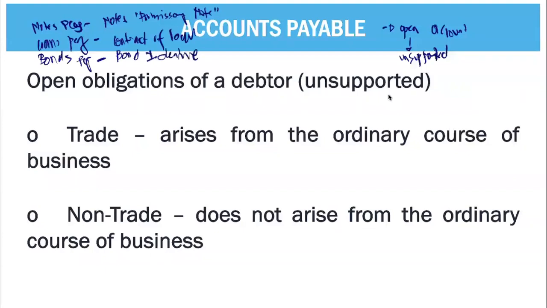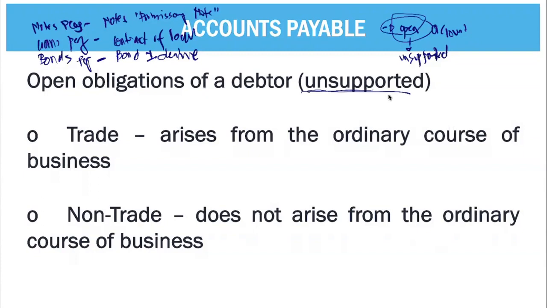So the difference lies in the supporting document or evidence of that liability. Take note, accounts are unsupported, meaning it is an open account. But with your other types of financial liabilities, notes, loans, or bonds, they are supported: promissory note, contract of loan, and bond indenture.